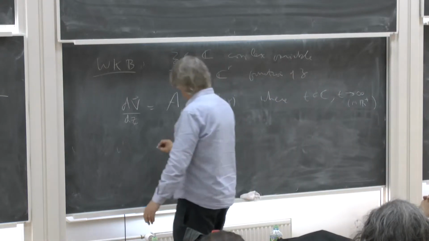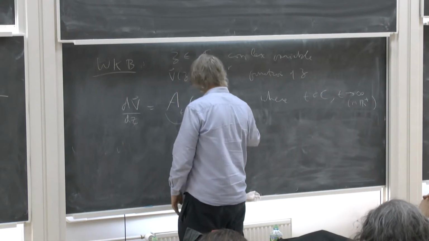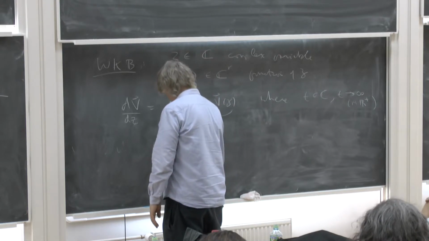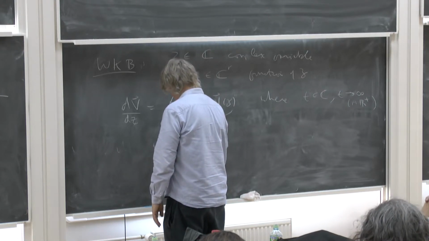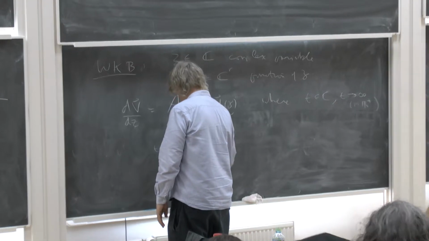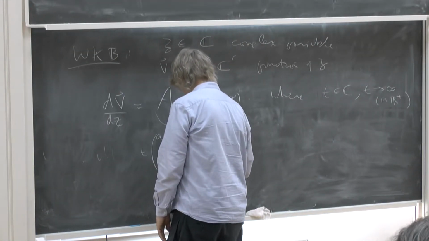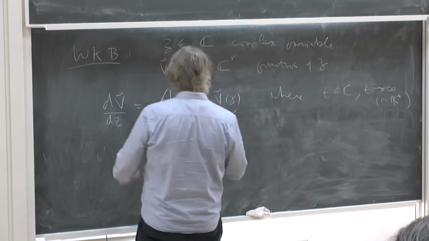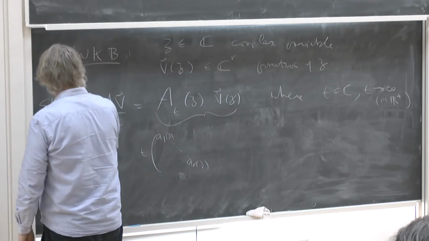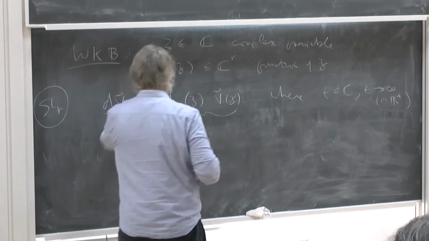And we're going to say, suppose this matrix looks like t times the diagonal matrix. Let me also say that this is all supposed to be in SL, that means that the trace is zero.